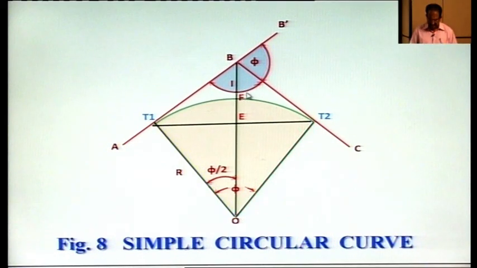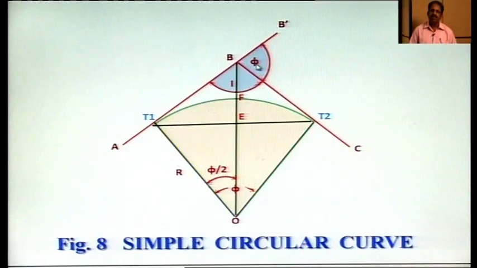This angle is called the angle of intersection, and is denoted by capital I. Again, the angle by which the forward tangent BC deflects from the rear tangent AB, angle B dash BC, is called the deflection angle, and it is denoted by phi.